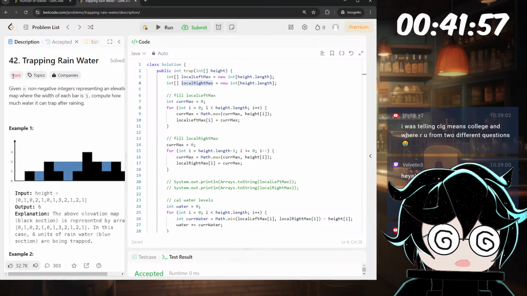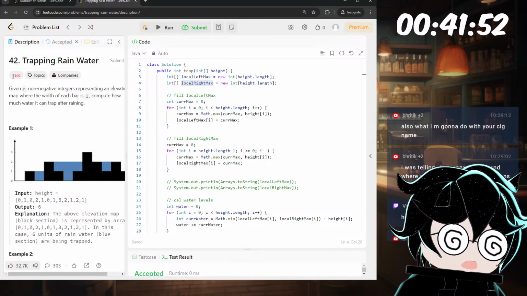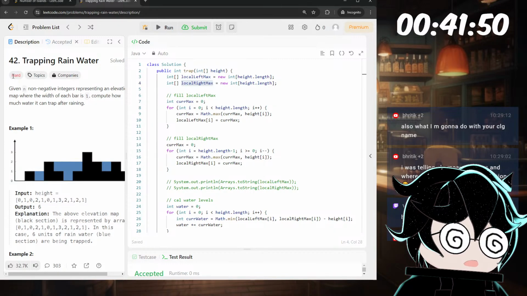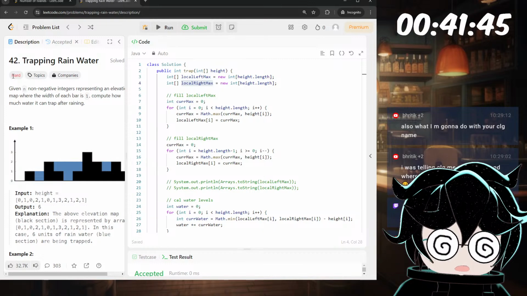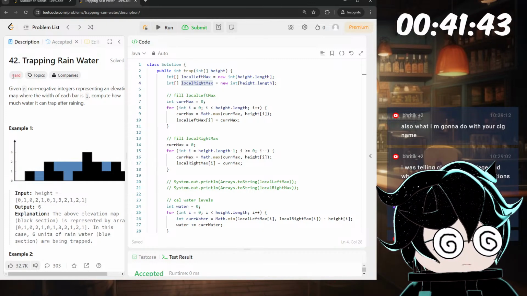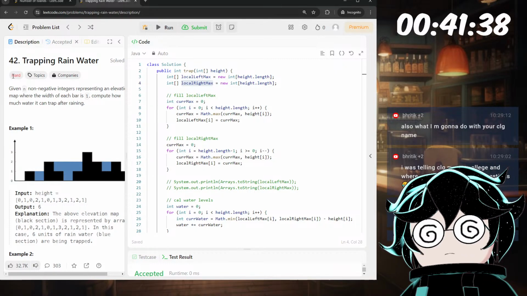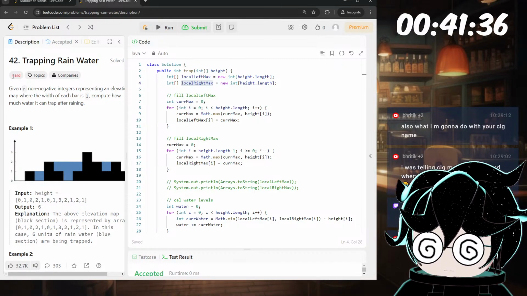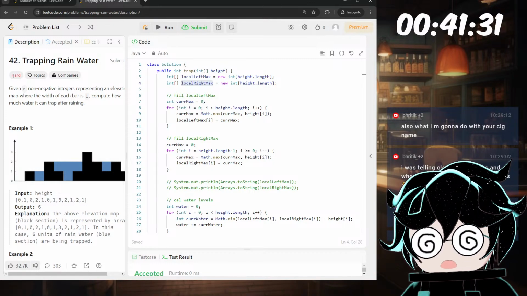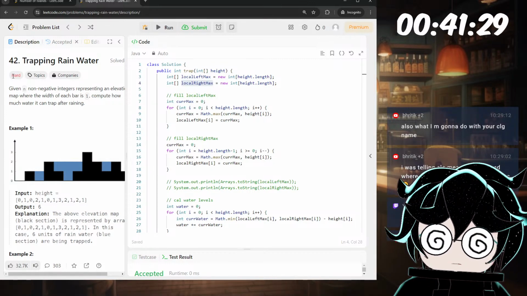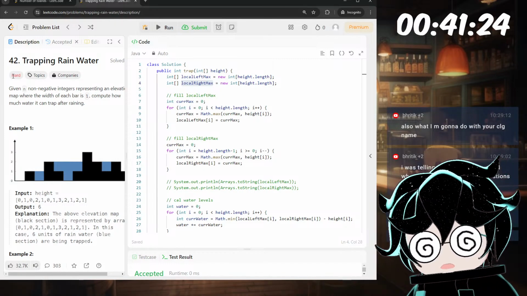Oh, CLG means college, and where are you from? 2 different questions. Oh, hey Velveteen, hello. Also, what am I gonna do with your CLG name? You could potentially find out like who I am. But yeah, nothing against you. It's just a personal thing. I don't really give out too much personal information online. Though I realize I just said I'm interviewing for stuff.